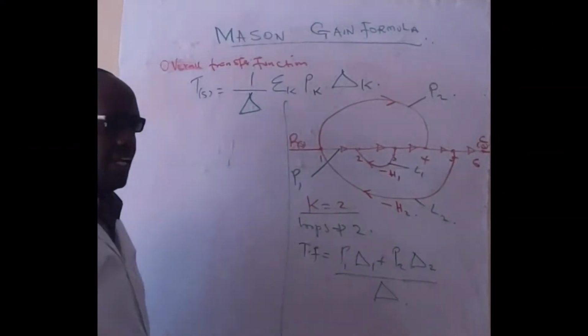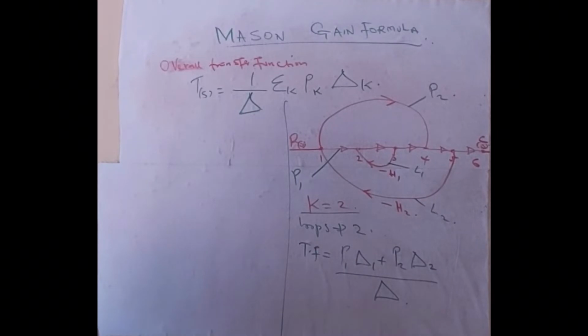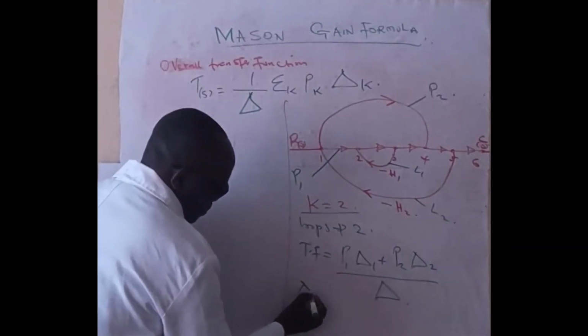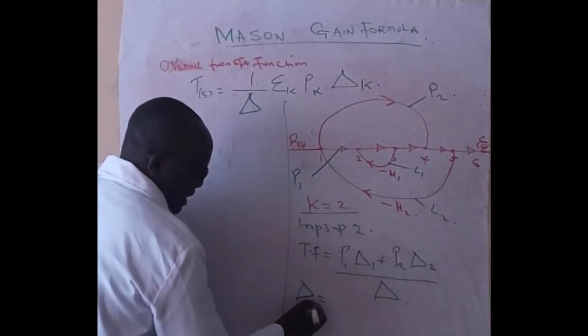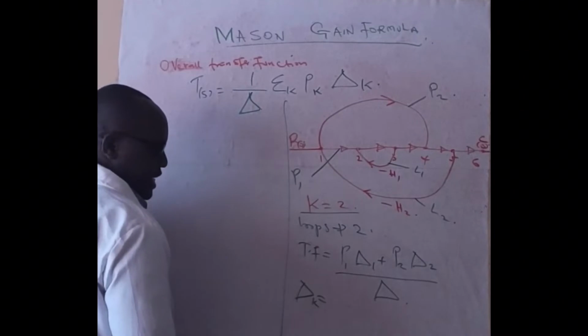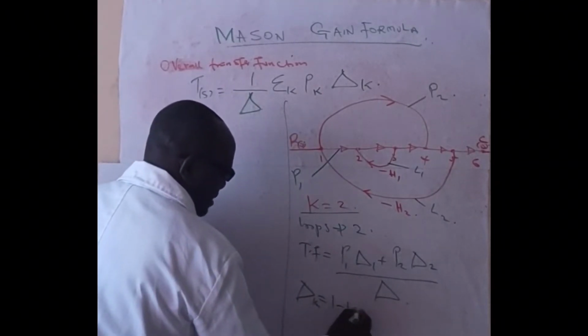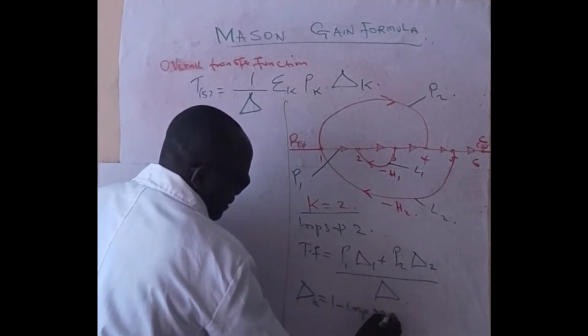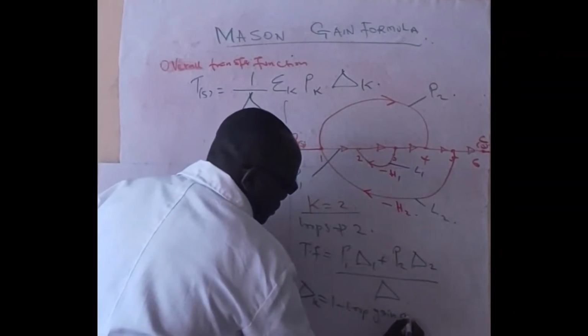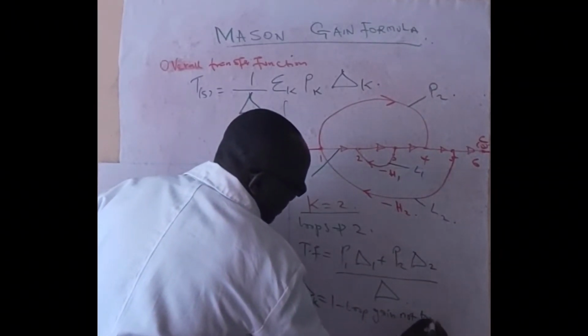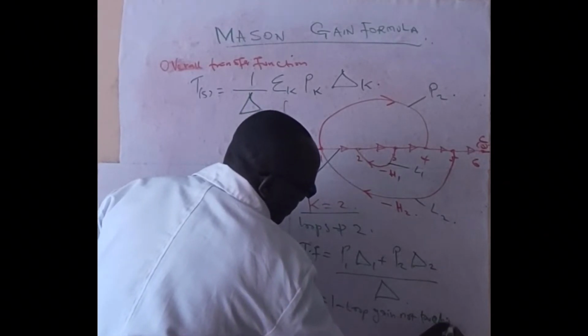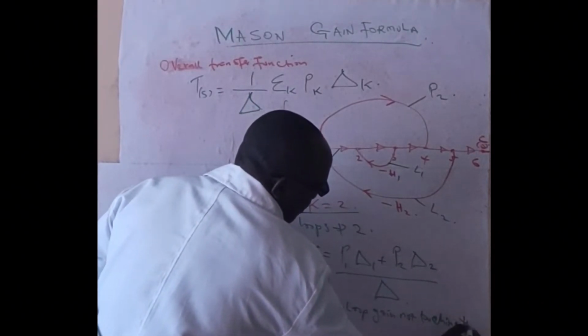And then now we apply delta 1. In general we were saying delta K is equal to 1 minus the loop gain not touching the forward path.